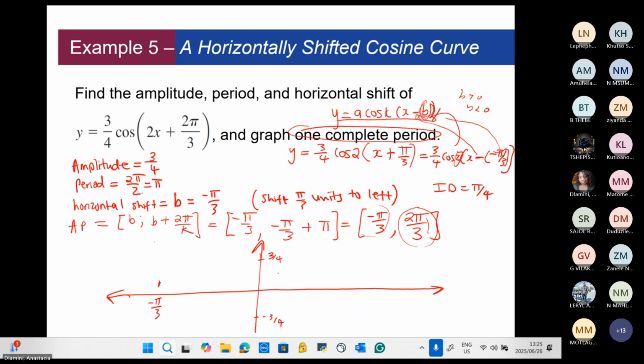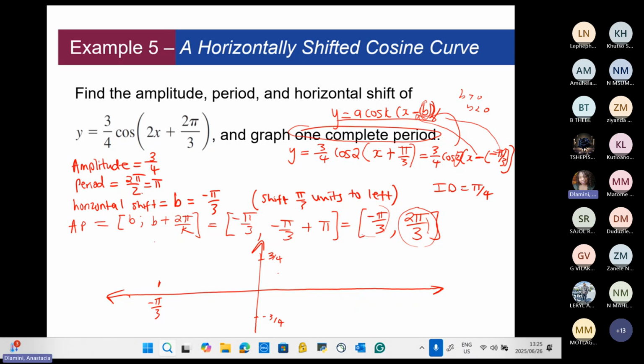Why am I getting it? Minus 3 plus 12. Pi over 9 over 3. Let me write it down.